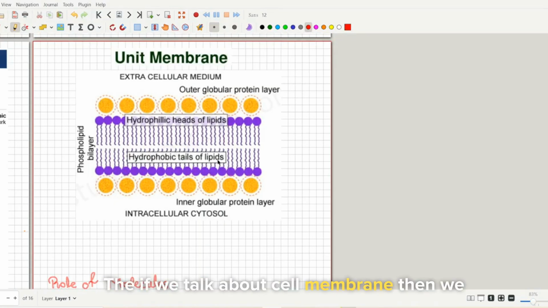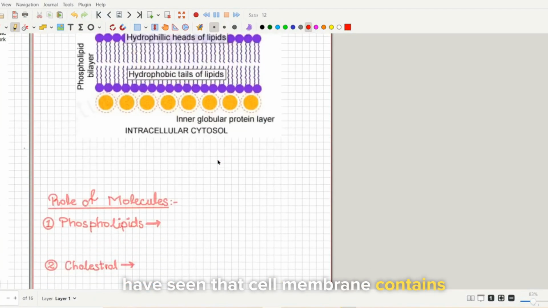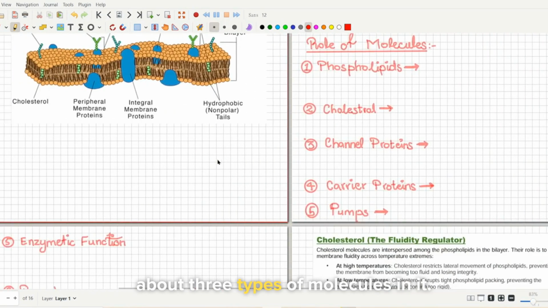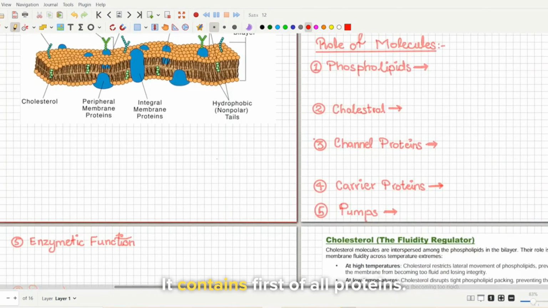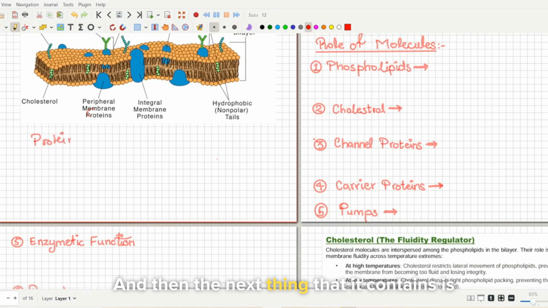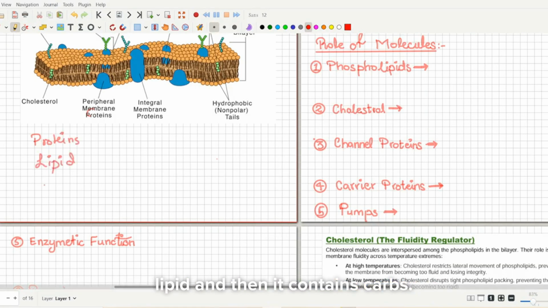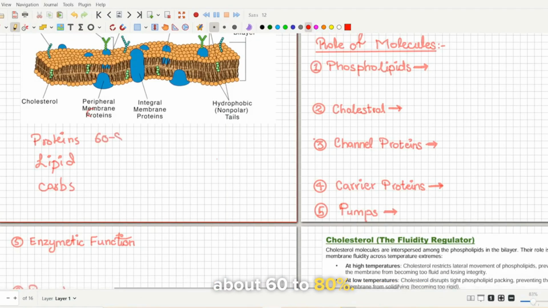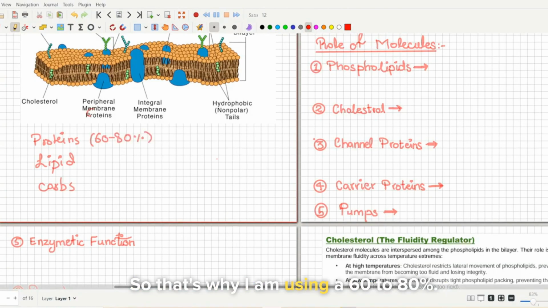If we talk about the cell membrane, it contains three types of molecules. It contains proteins, then lipids, and then carbs. When we did experiments, we found that protein makes up about 60 to 80%. These values differ in different books, so I am using 60 to 80%, as it can fall in between.